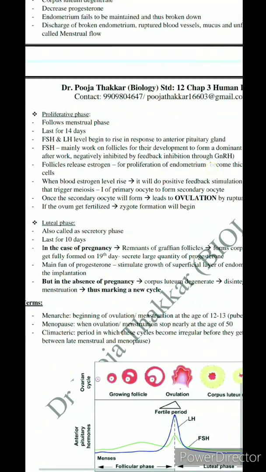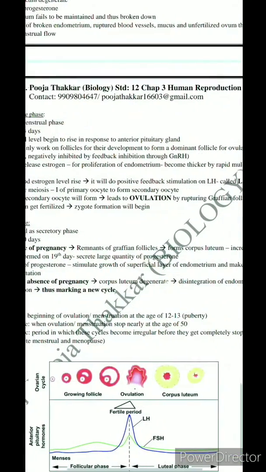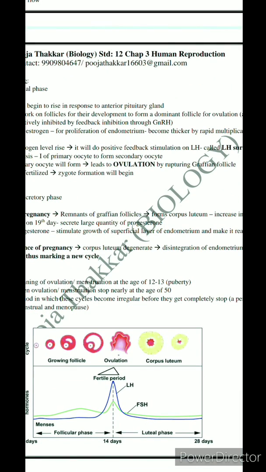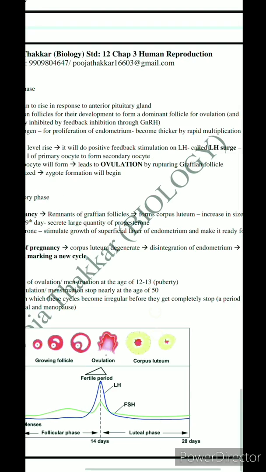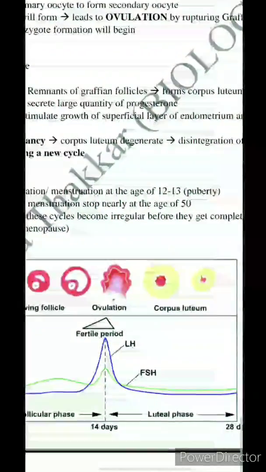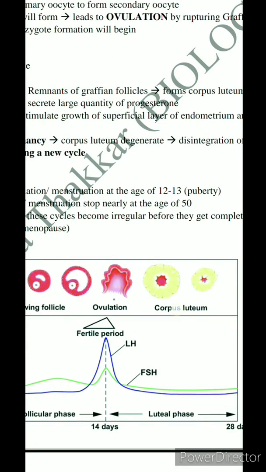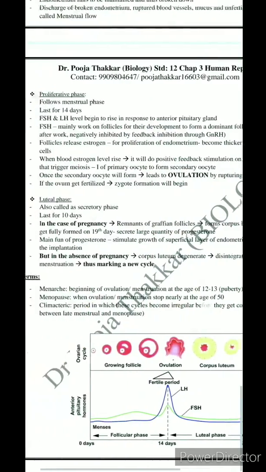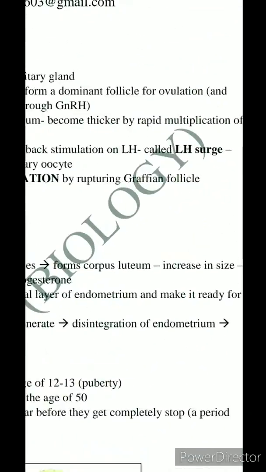When the blood estrogen level rises, it will do positive feedback stimulation on the LH. Obviously, the estrogen level will boost the LH level positively, and that condition will lead to a very high LH concentration during the fertile period of a particular female, as shown in the diagram at the 14th day, which is termed the LH surge.